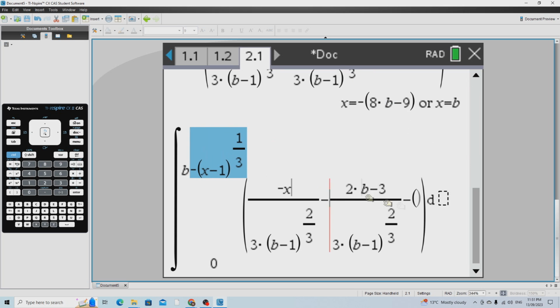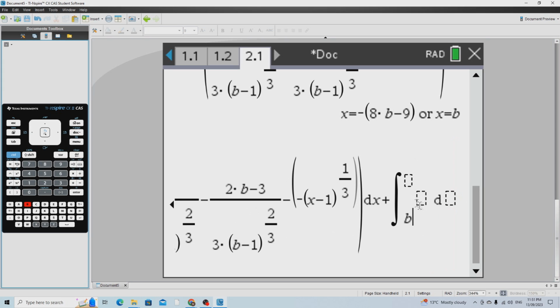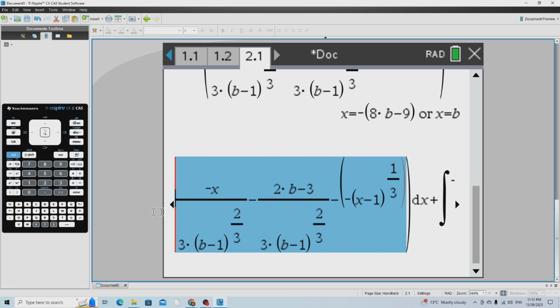Oops. So wait, minus your inverse, yep, dx plus from b to this value here. Let's recopy this whole thing.